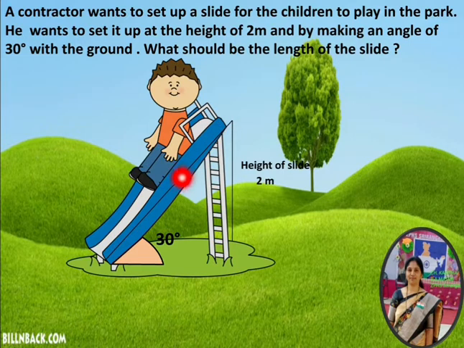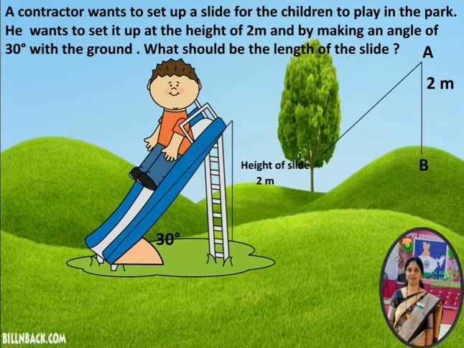So draw the suitable diagram for this. So here this is the line AB, this line indicates the height of the slide. Okay, so here given that is 2 meters. And this is a slide, so we can draw like this. AC indicates the slide here.